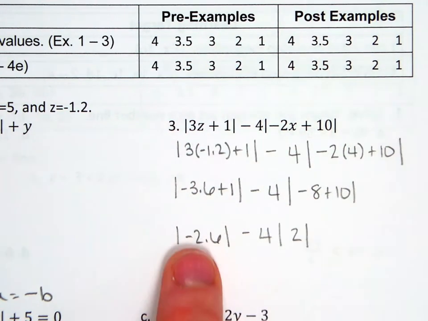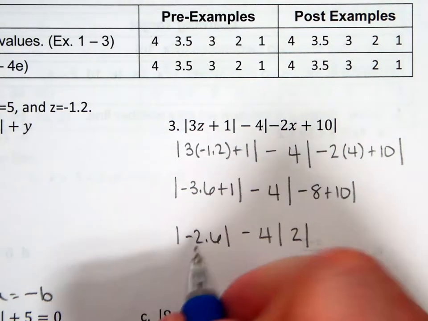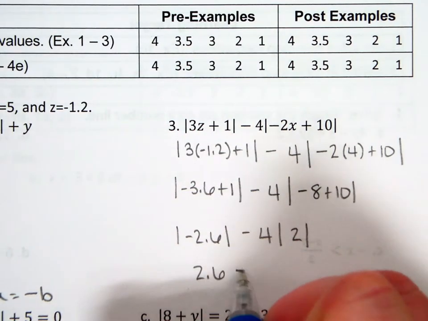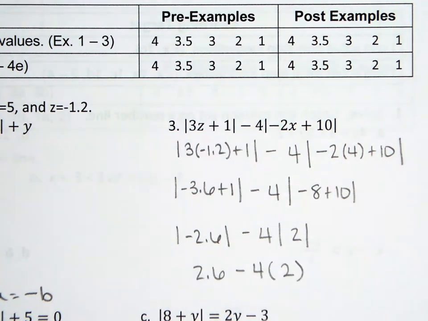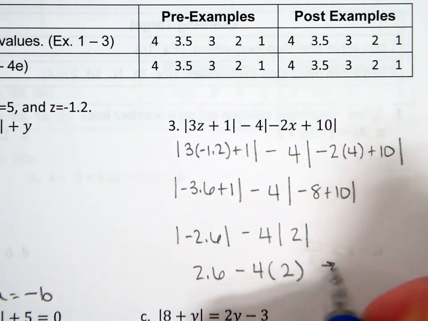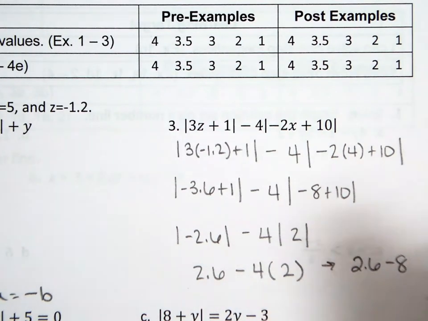The absolute value of -2.6 is 2.6, minus 4 times the absolute value of 2, which is 2. So I'm going to take 2.6 minus 8, which is -5.4. So that's the value there.